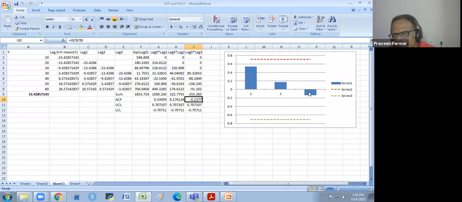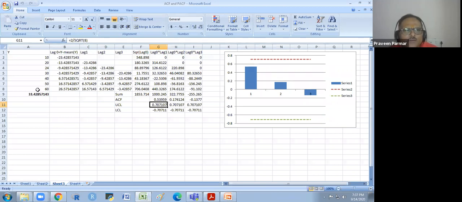So you see the trend, some are upward and some are downward. And how do we get this level, which is the upper critical limit, or the confidence limit, we could say, the upper confidence level and lower confidence level? We have the formula 2 divided by the square root of 8.